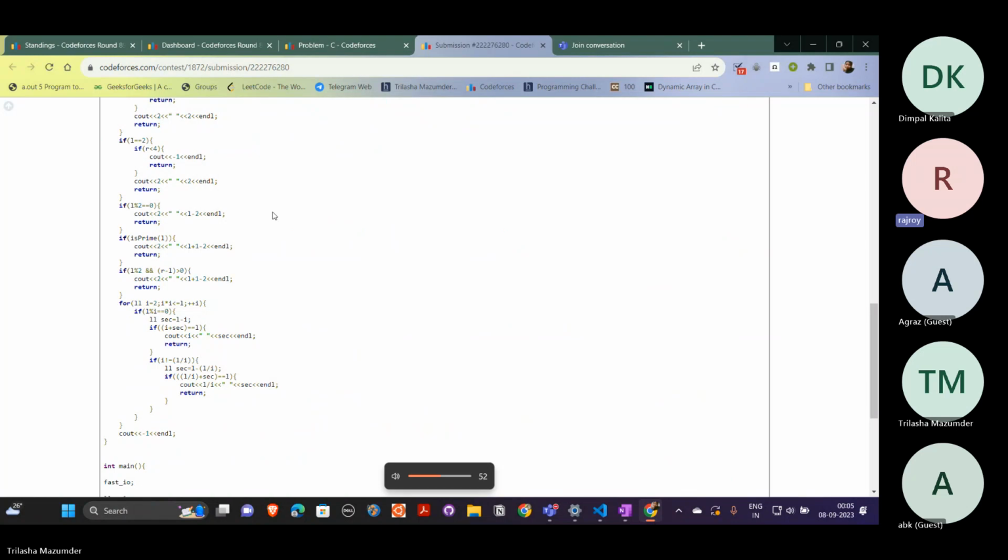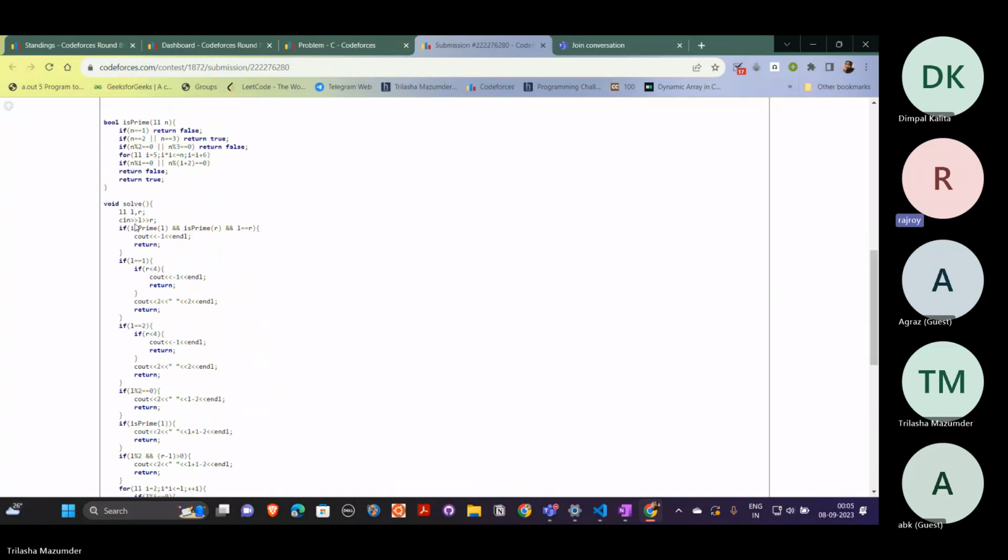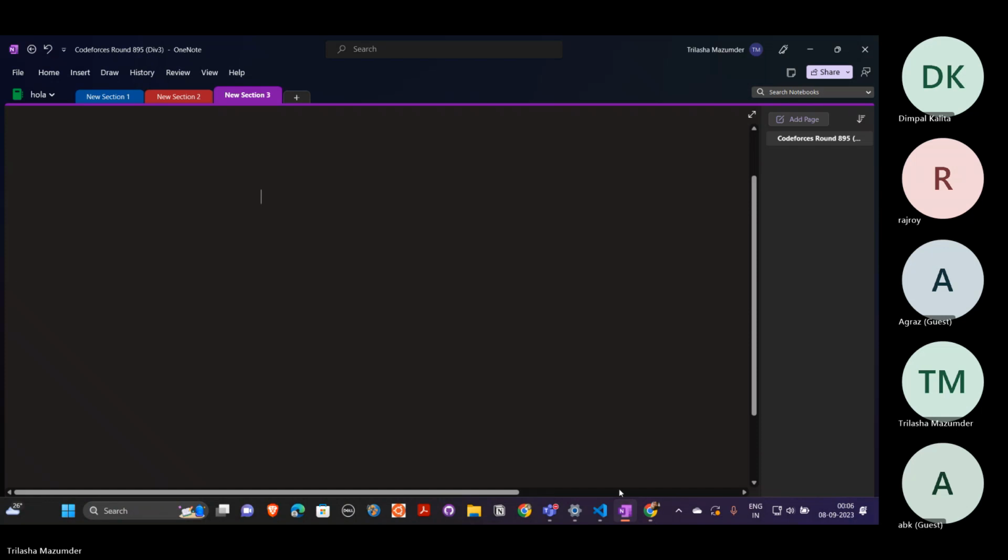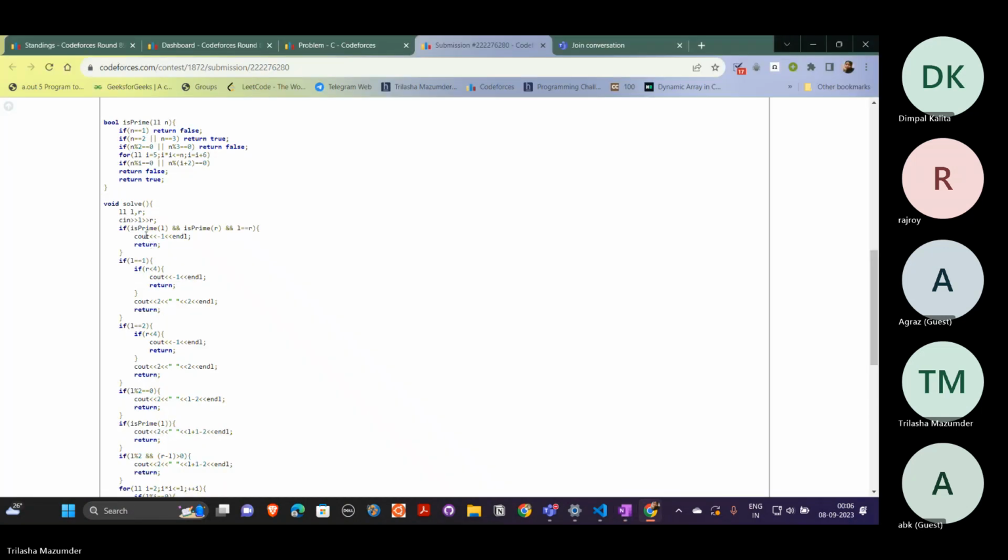Can you just explain the very first condition for those two prime numbers that you told right now? The very first condition, this prime one? This is where I'm checking whether a number is prime or not.